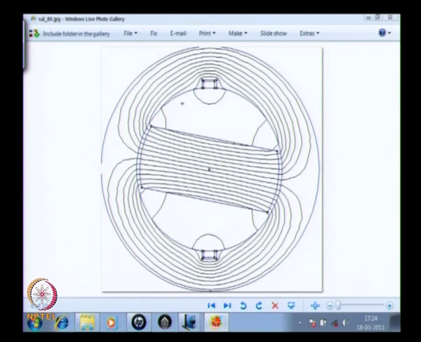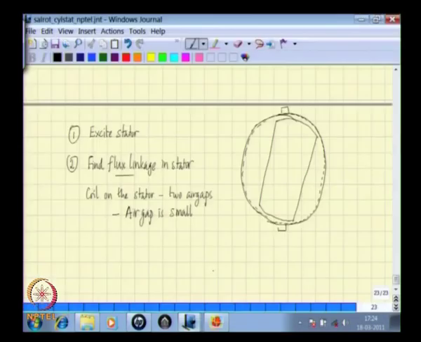There are certain regions where the air gap flux density is always low, and that region also moves as the rotor rotates. Therefore, we say that the stator winding always looks at one cylindrical rotor with a small air gap and another cylindrical rotor which has a large air gap.